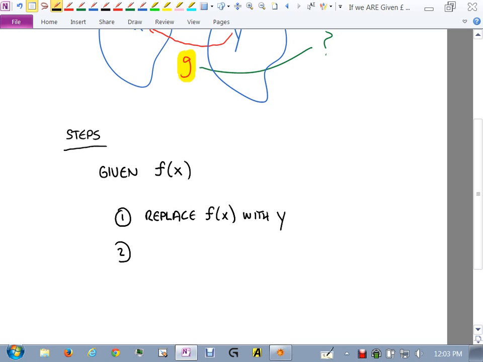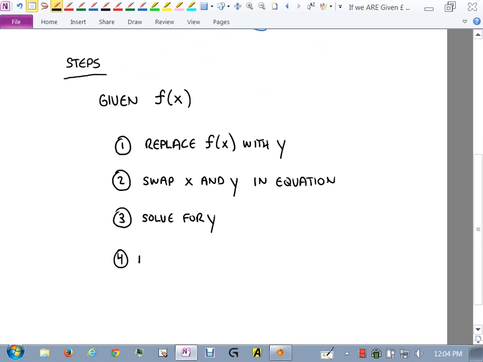The second step, you'll swap x and y in the equation. And the third step, you'll solve for y. And the fourth step, you'll replace y with f inverse of x. Okay, so it's a four-step process that we're going to do.